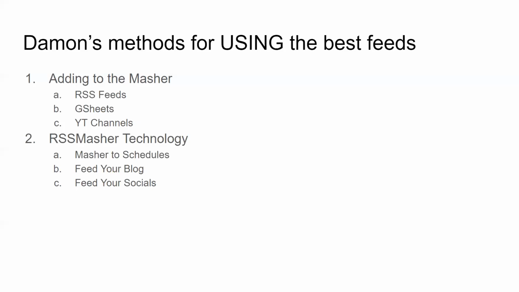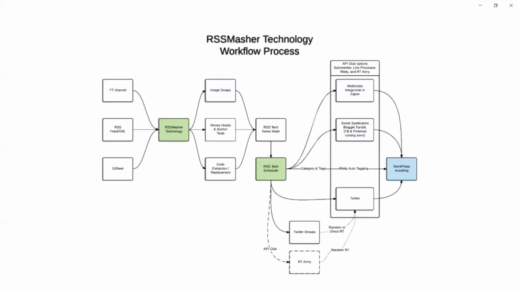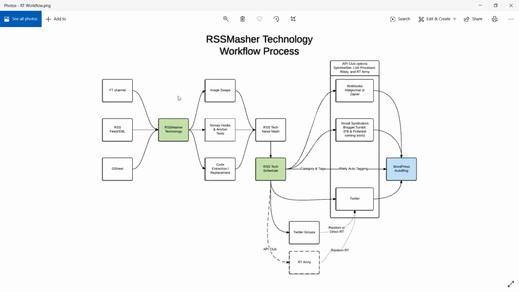And I made this for a specific reason: I have this sitting right beside my desk. I hope that y'all will print this out and have it sitting by your desk too, because when you get it into the Masher, here are the 3 input methods we have: YouTube, RSS feeds, and G Sheets.